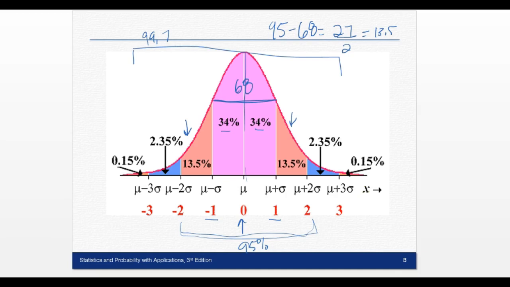Okay? Now, same song, second verse. Here's what we're going to do. How did we get this blue area? Well, we take 99.7, we subtract the 95, and we get 4.7. If we divide that by 2, we get 2.35, and that's where that 2.35 comes from, right there. Okay? And then the very teeny tiny little tails is 0.15%.